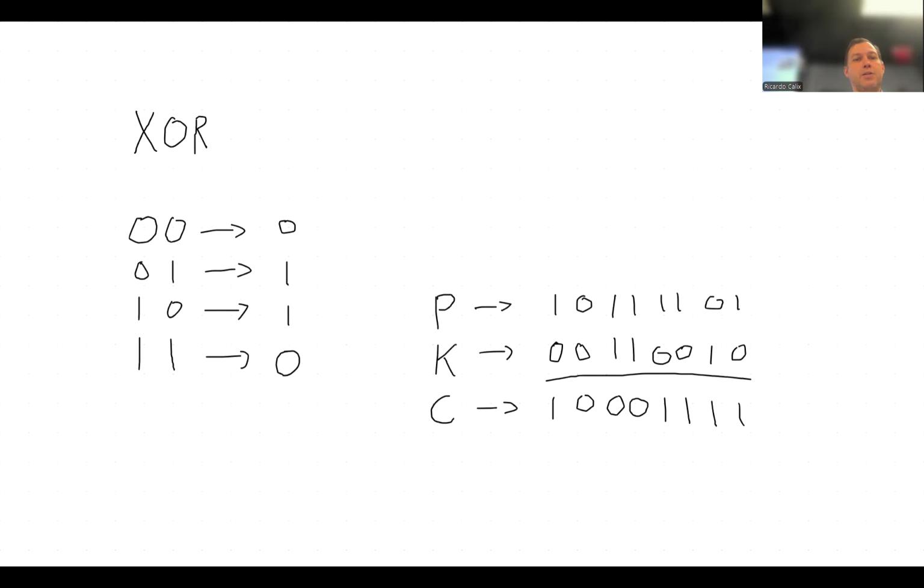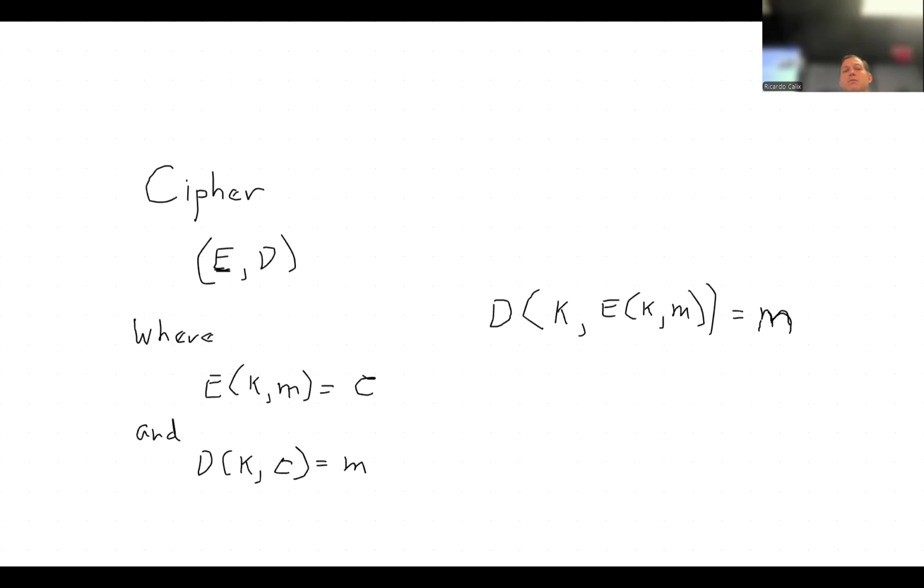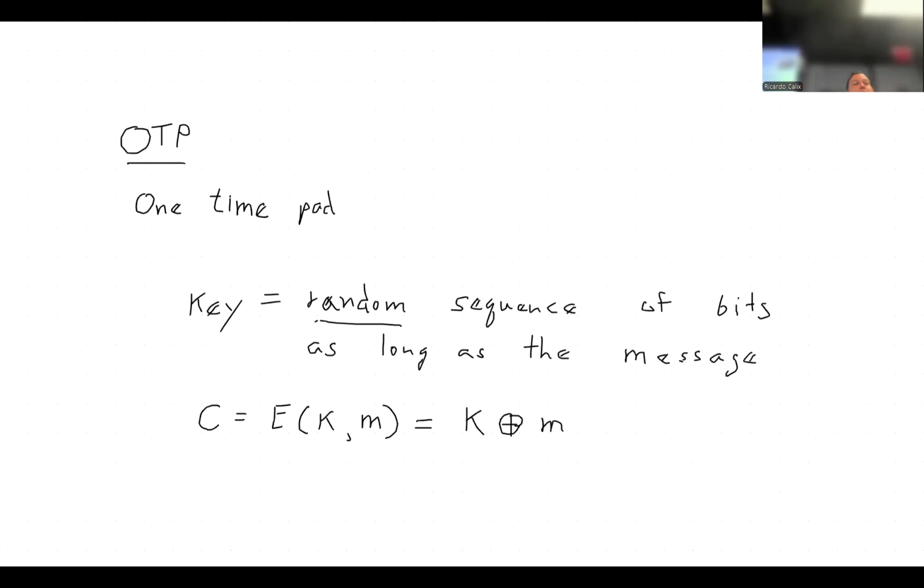And then from there, we started to define, and this is really important, what a cipher is. We talked about a cipher as a set of algorithms, E and D, that meet these conditions, including the correctness constraint, which has to match all the time. From the cipher, we started to talk about what makes a secure cipher. We started with the simplest example, the one-time pad, which introduced randomness.